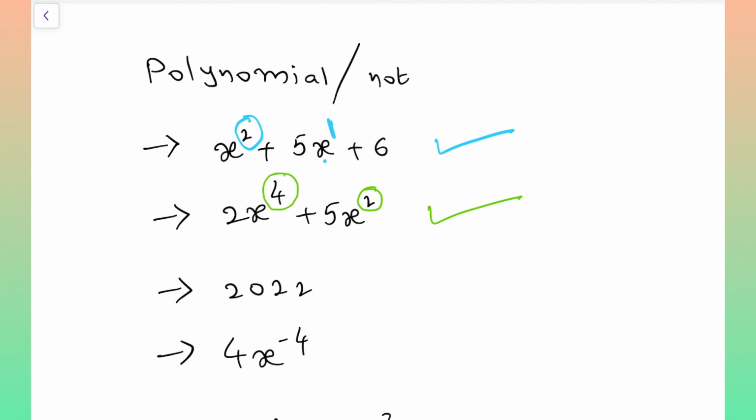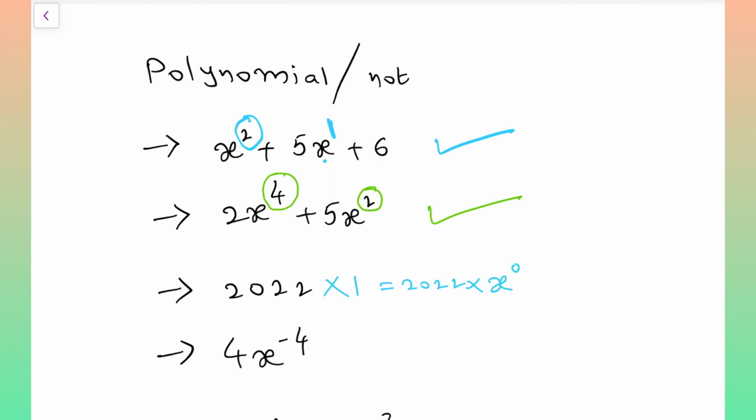Then next question, 2022. In this, the alphabet is not there at all. Then is this a polynomial or not? Of course, it is also a polynomial, because 2022 can be written as 2022 into 1. 2022 ones are 2022 only, nothing changed. Then this 2022 into 1, I am replacing with x power 0.